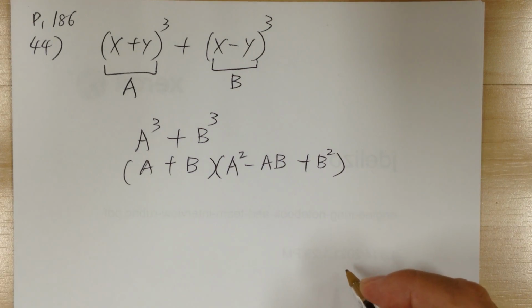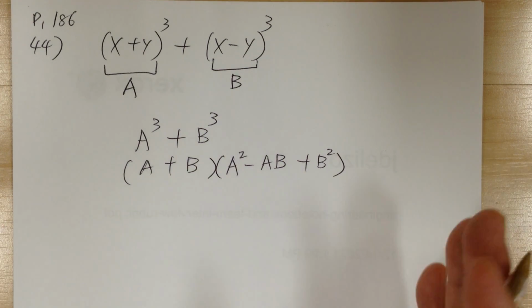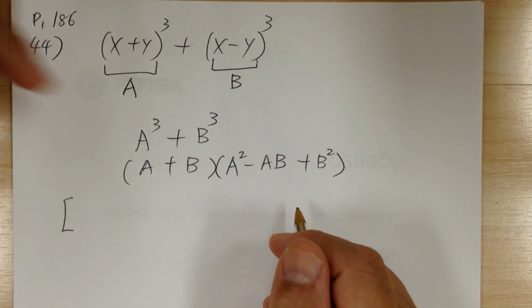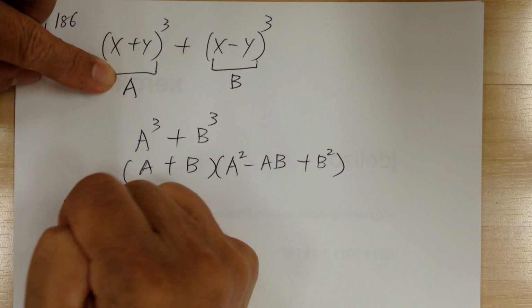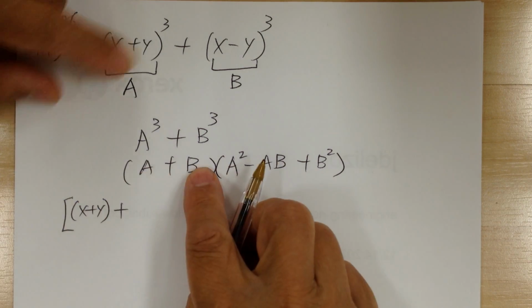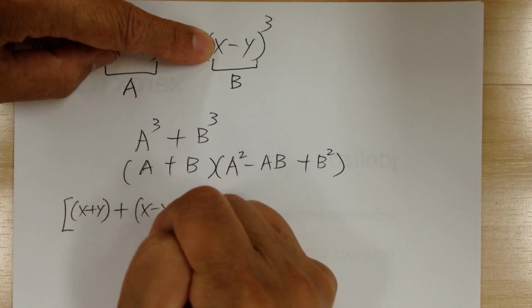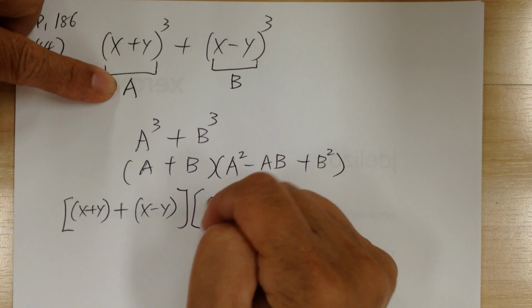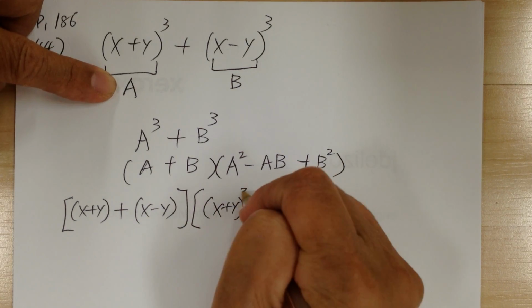Okay. So after you're done factoring, you're going to substitute back in there. Okay. And I'm going to need more space. Okay. So A is x plus y. Again, whenever you substitute, put in parentheses. Okay. B is x minus y. Okay. Now A squared, so it'd be x plus y squared. Right.